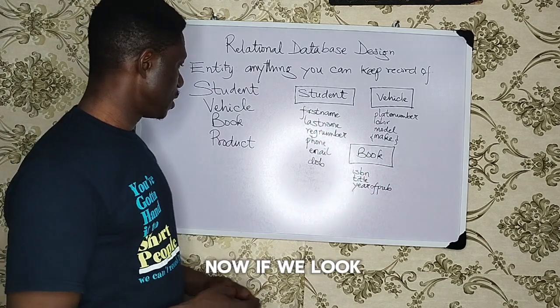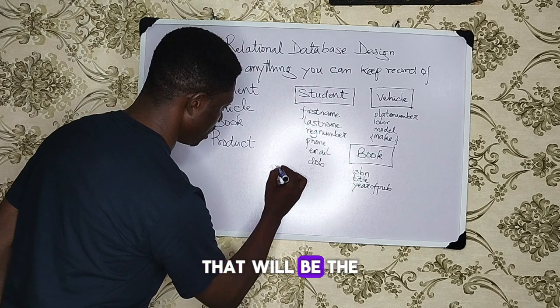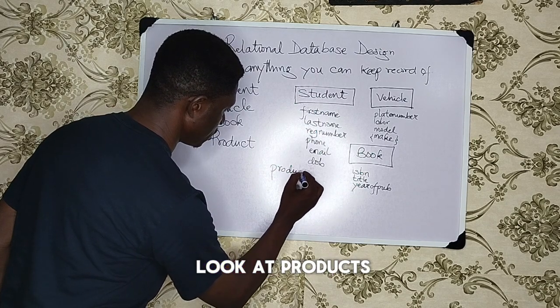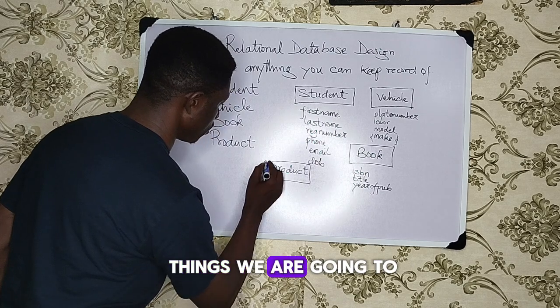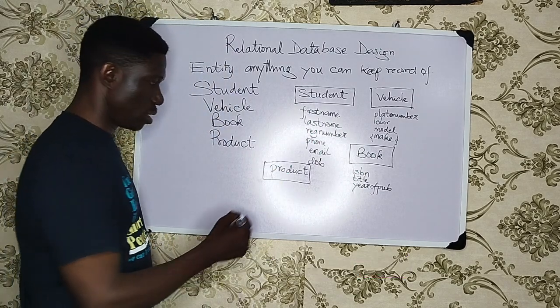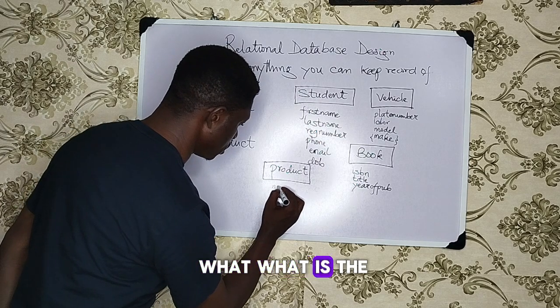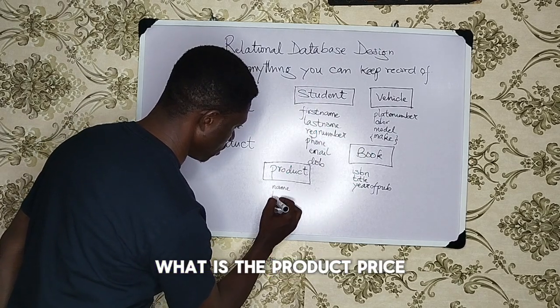So that is it. Now if we look at product, that will be the last one we are going to look at. Product. What are the things we are going to describe the product with? What is the product name? What is the product price?